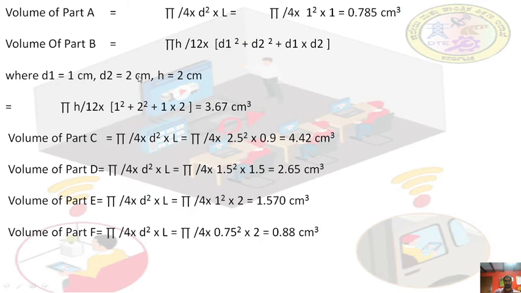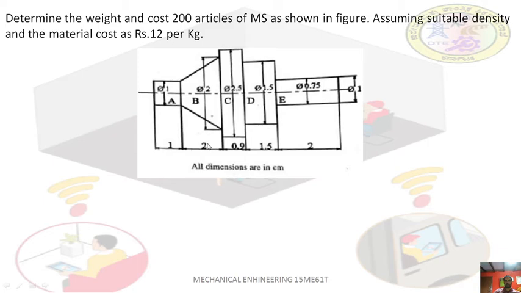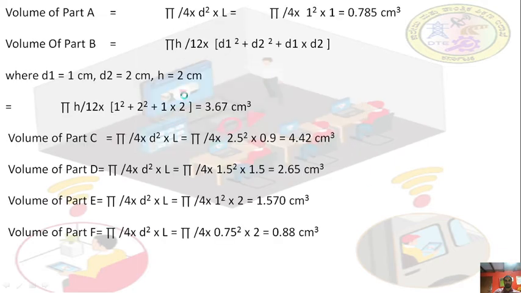You can take d1 as 2 and d2 as 1, or the reverse, and the answer will remain the same. H is the height of the cone, that is 2. Height should remain constant. So pi h by 12, 1 square plus 2 square plus 1 into 2, that will give you 3.6.